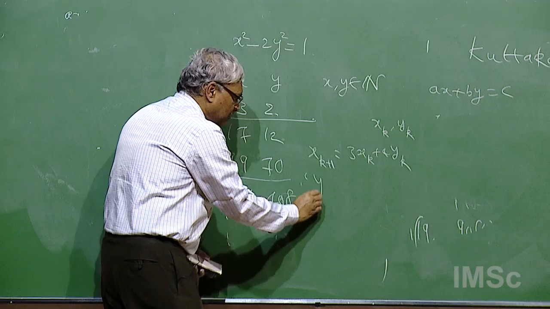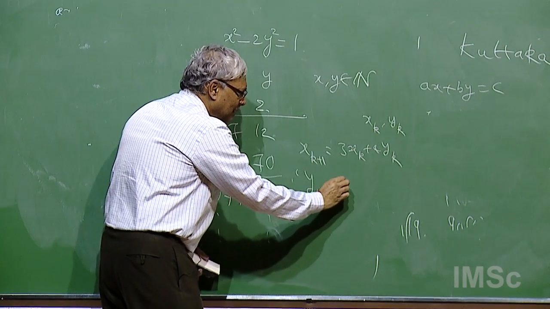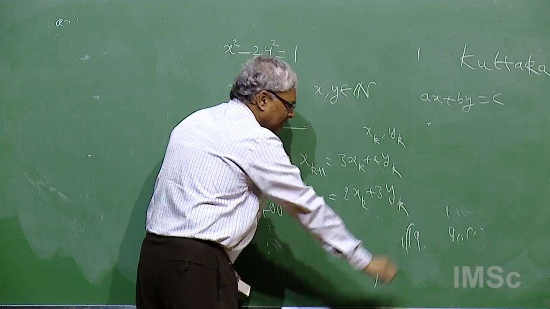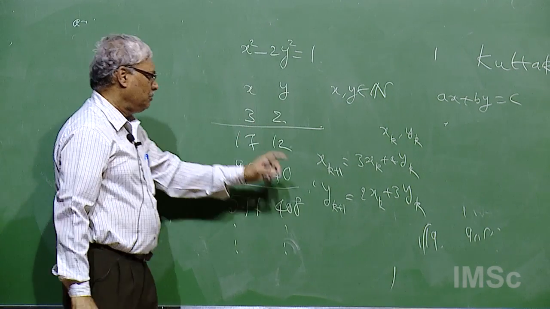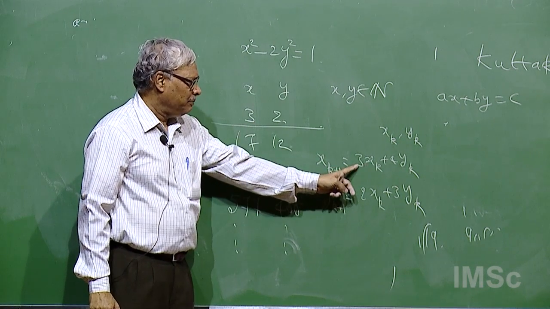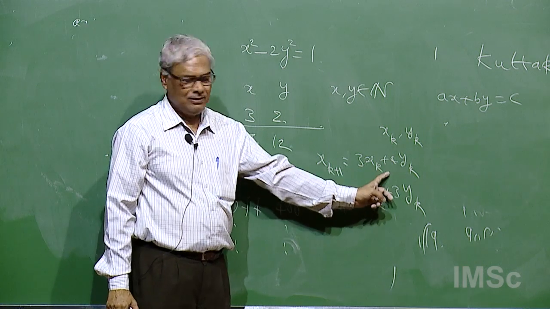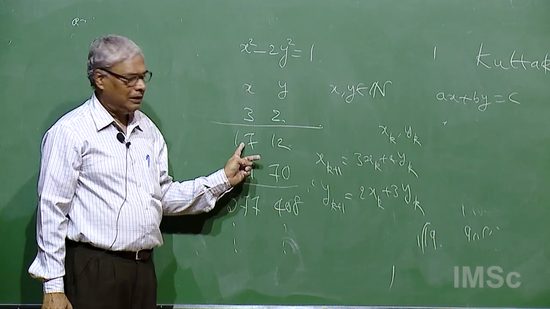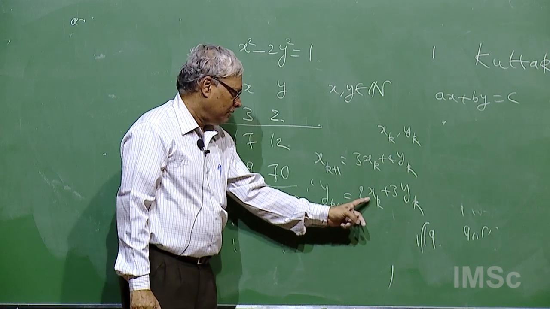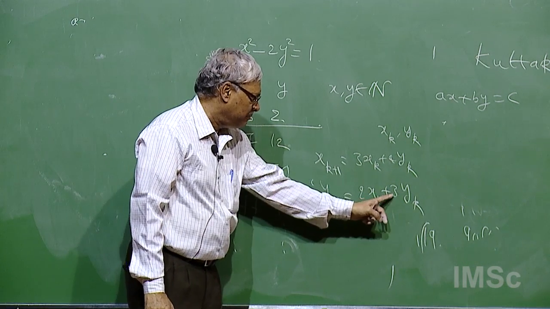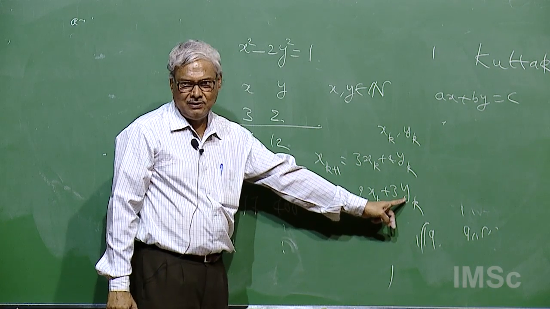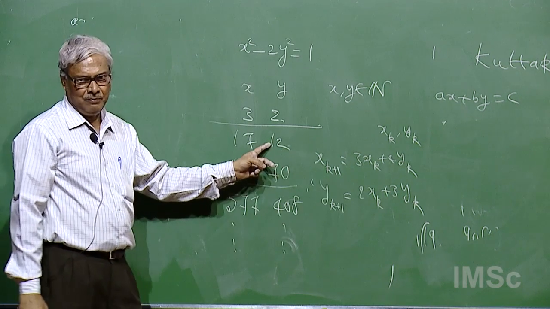And yk plus 1, the next value for y, will be 2xk plus 3yk. Suppose 3 and 2 are known, so multiply the x value by 3 and the y value by 4 and add. You get 9 plus 8, 17. That will be the next x value. And you multiply the x value by 2 and the y value by 3 and again add. 2 times 3 is 6, 3 times 2 is again 6, 6 plus 6 is 12.